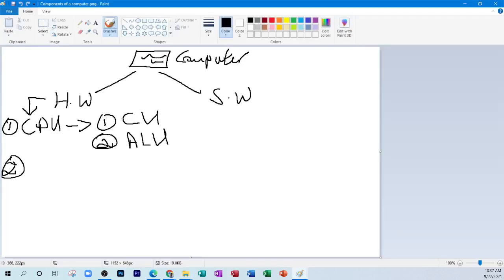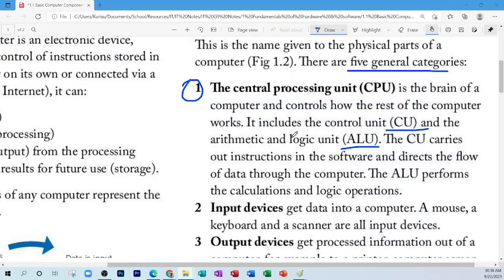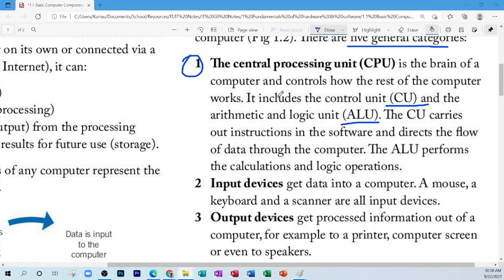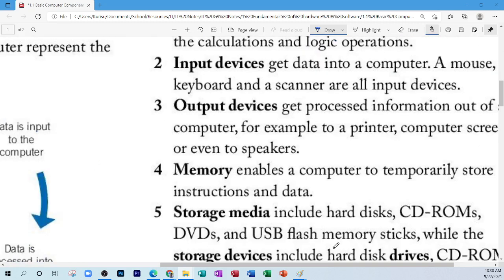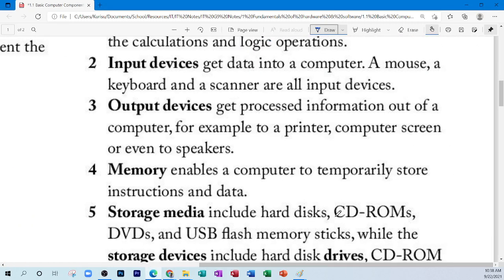So this is the diagram that you guys were supposed to have up to now. So we're going to continue the diagram with the remaining categories as we complete those categories today. So we already concluded on CPU, so now we're going to go to input devices.